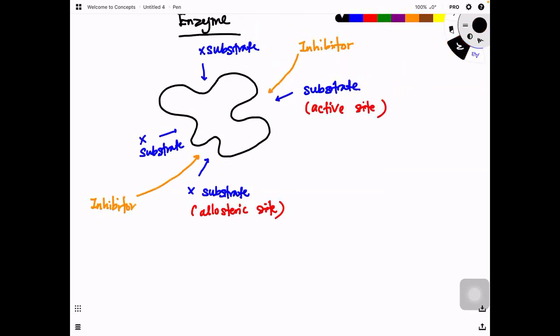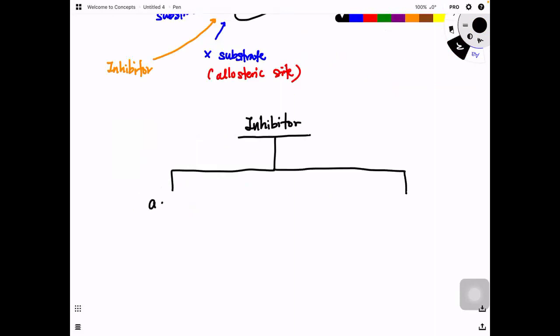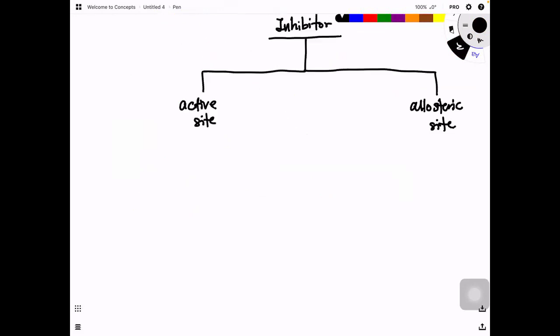Okay, so now how do we classify them? Look at this. If I have an inhibitor, we can classify them based on where they bind. They can bind to the active site, or they can bind to the allosteric site. If they bind to the active site, we also want to see whether they bind tightly or bind briefly.